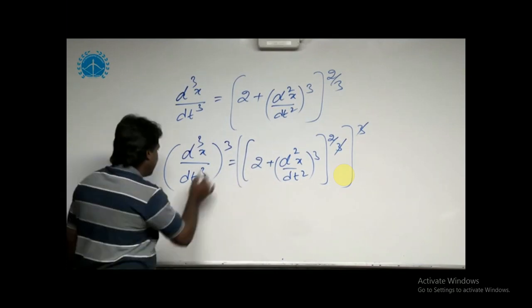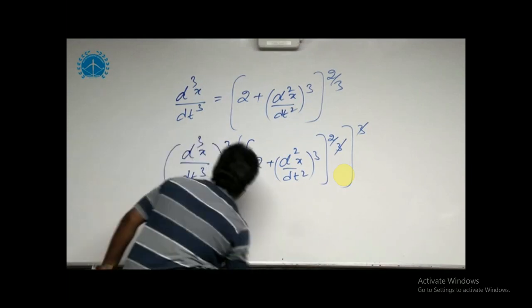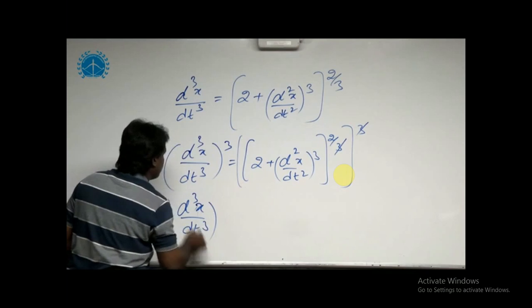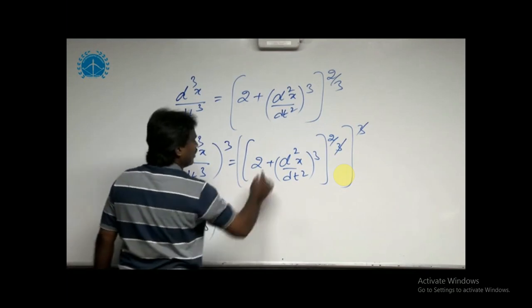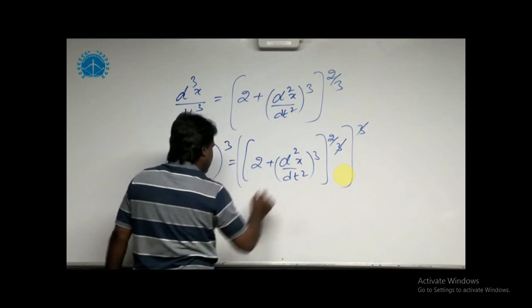So therefore on the left side we are getting d cube x by dt cube whole to the power of 3, is equal to, again it is in the form of a plus b whole square, by cancellation of this and squaring this.